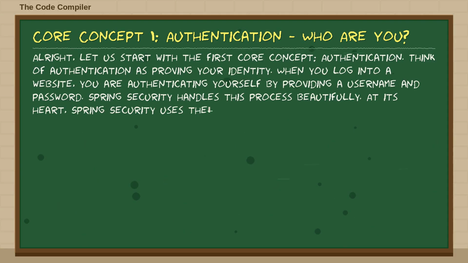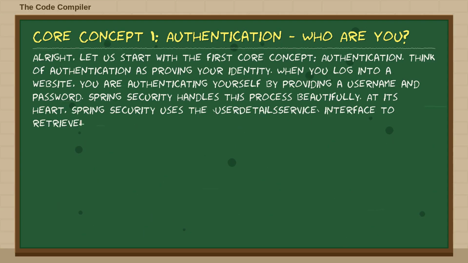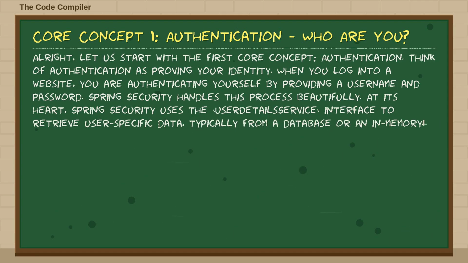At its heart, Spring Security uses the UserDetailsService interface to retrieve user-specific data, typically from a database or an in-memory store. This service loads a UserDetails object, which contains information like the username, password, and granted authorities.